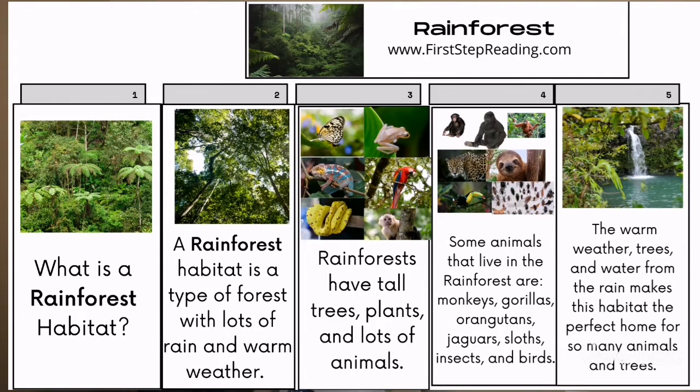Some animals that live in the rainforest are monkeys, gorillas, orangutans, jaguars, sloths, insects, and birds. Insects means bugs. The warm weather, trees, and water from the rain make this habitat the perfect home for so many animals and trees. That is our rainforest.